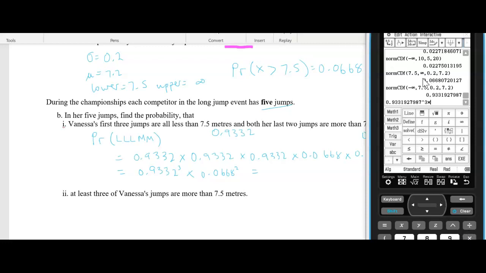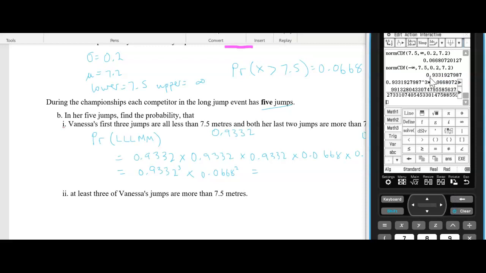And I'm going to highlight this one. Go down to the power of 2. Let's just change it to decimal. Let me try again.